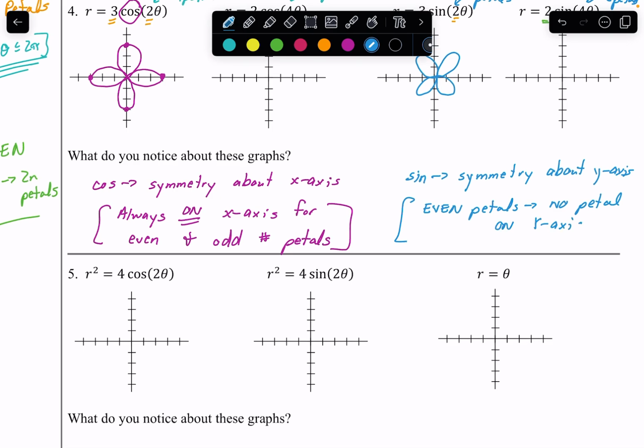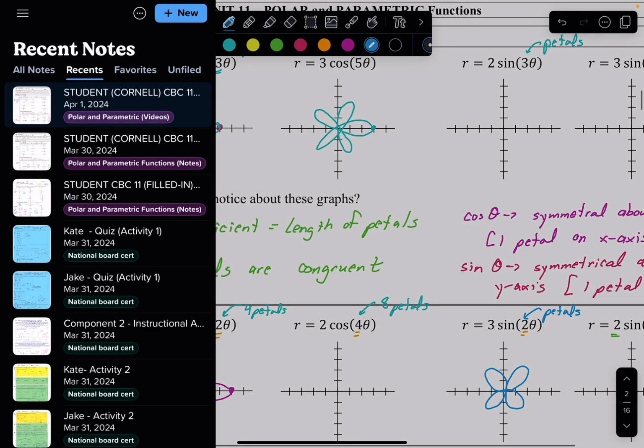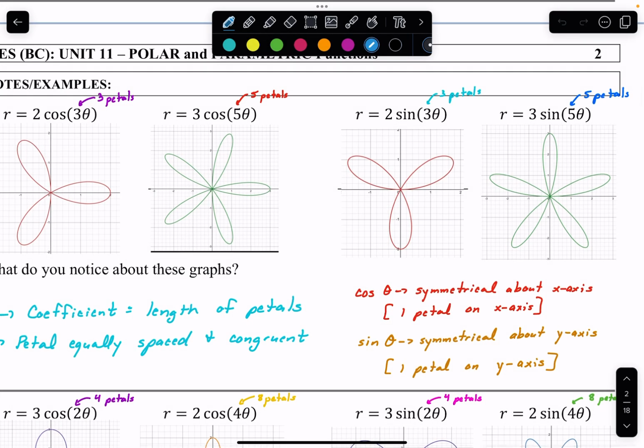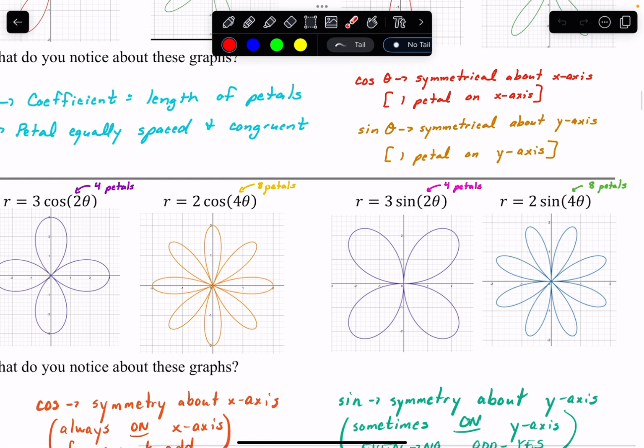With odd, we do. But with even, we don't. So with odd petals, here, we did have a petal on the y-axis. We did have one petal on the y-axis here. But down here, we do not have a petal on the y-axis, even though we still have y symmetry.